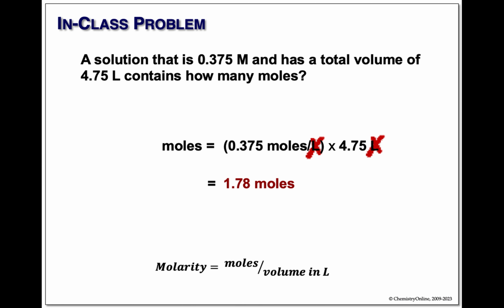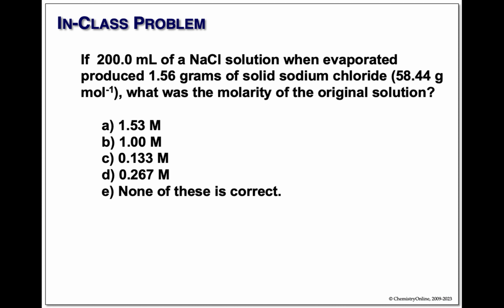One or two more. Here we have a sodium chloride solution, 200 mils of it. We're going to let it just sit and evaporate. All the water's gone. We recover 1.5 grams of sodium chloride. What was the molarity of the original solution? Same problem over and over again, isn't it? Our molarity is going to be moles of sodium chloride divided by our 0.2 liters, 200 mils.